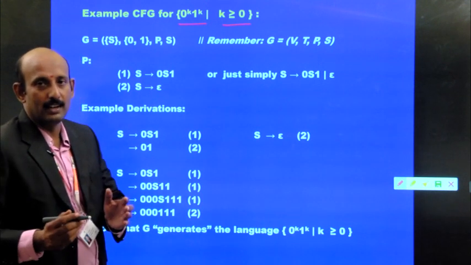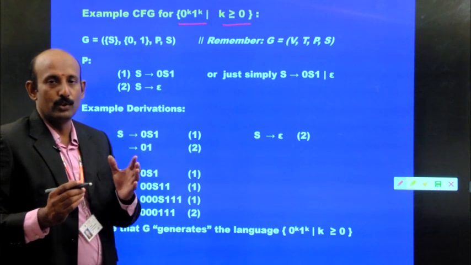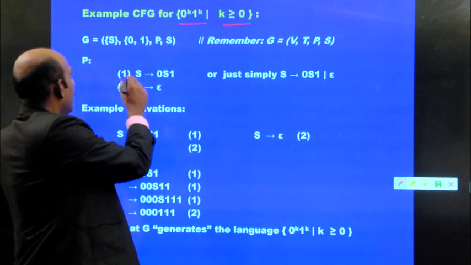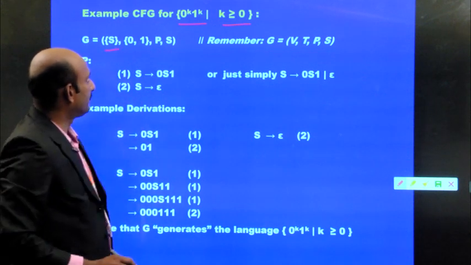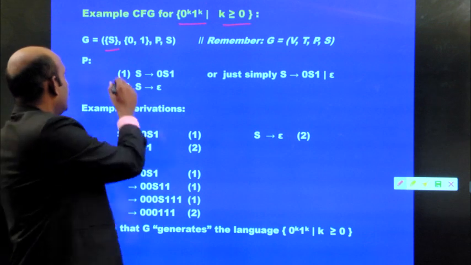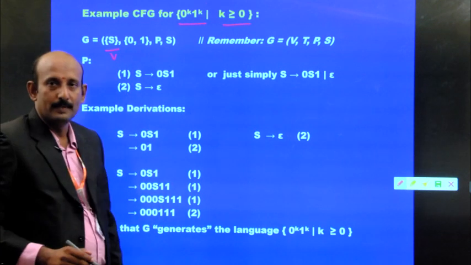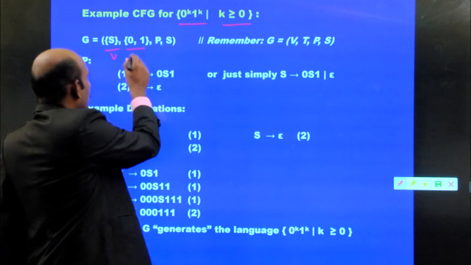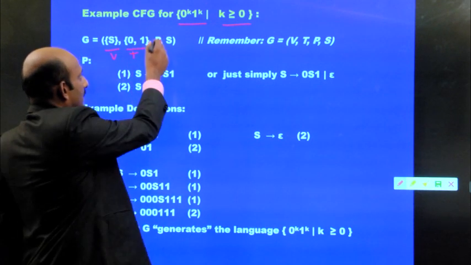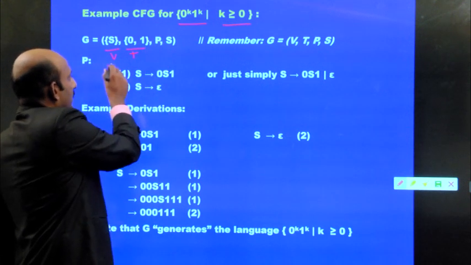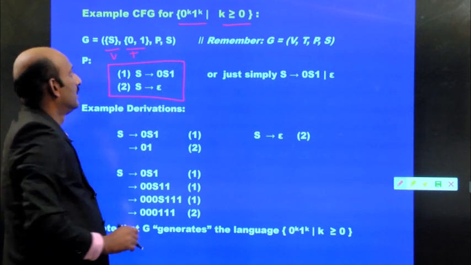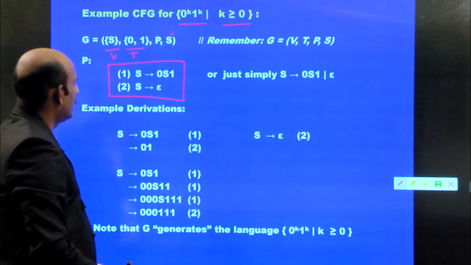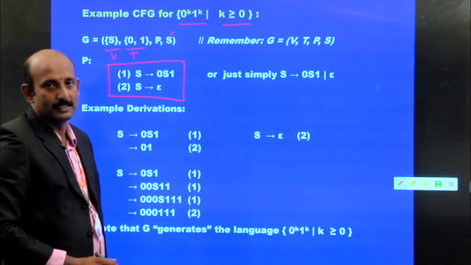A grammar consists of 4 tuples: V, T, P, S. V stands for variables, T stands for terminals, that is binary symbols, P is the production rules, and S is the start symbol.